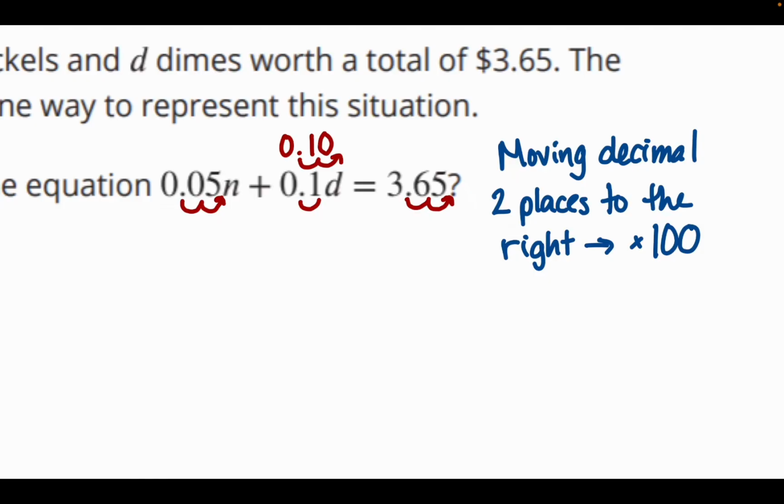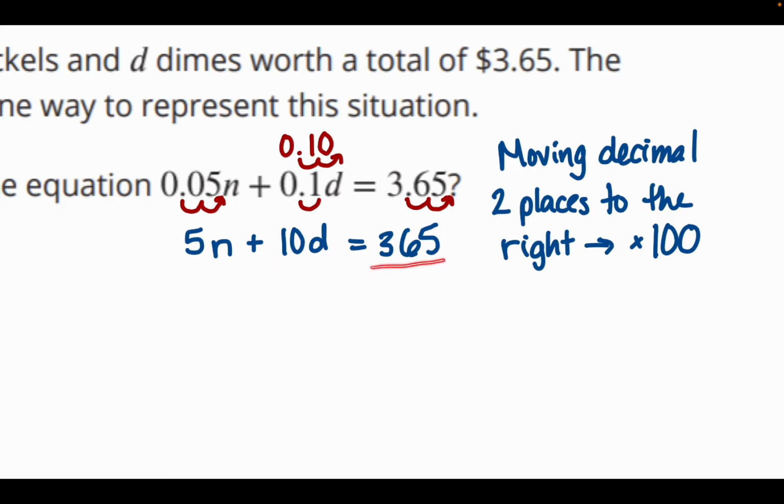So that would create 5n, and this would be 10d equal to 365. And since this is using cents instead of dollars, this basically says, hey, every nickel is worth 5 cents and every dime is worth 10 cents.